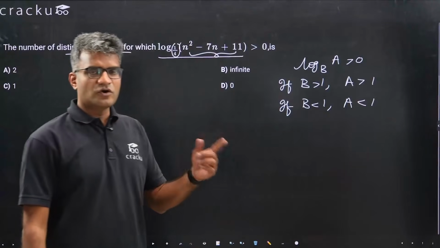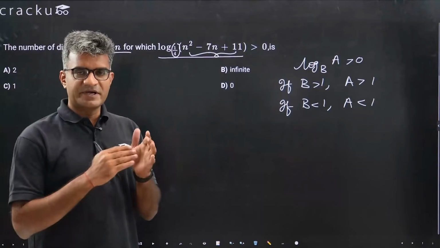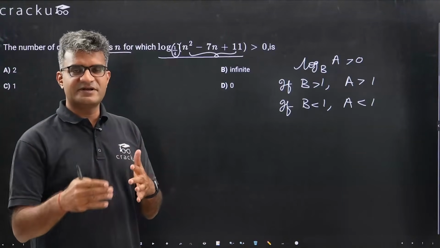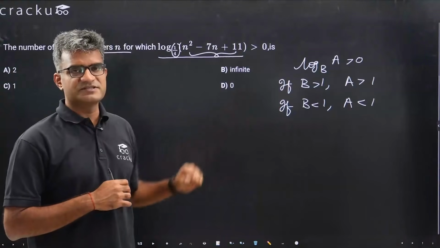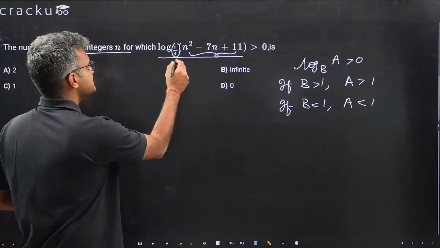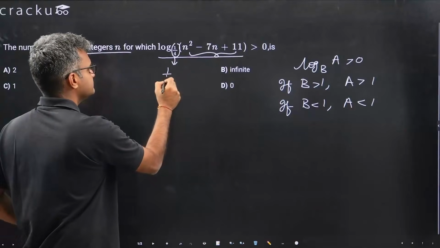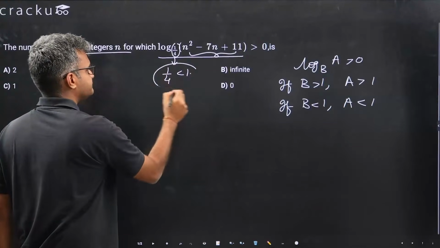So if you are given log of a to the base b, depending on whether the base is greater than 1 or less than 1, we can figure out whether the argument is greater than 1 or less than 1. In this particular case, the base is 1 by 4, which is less than 1.